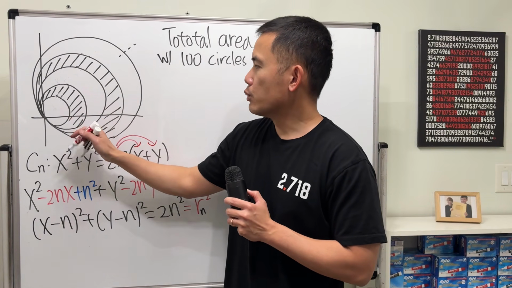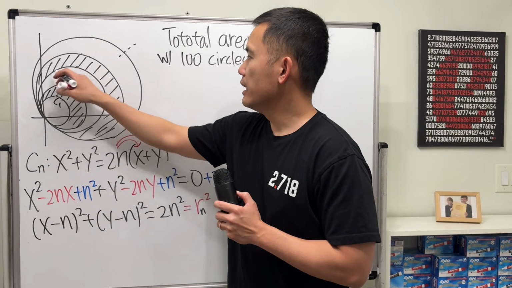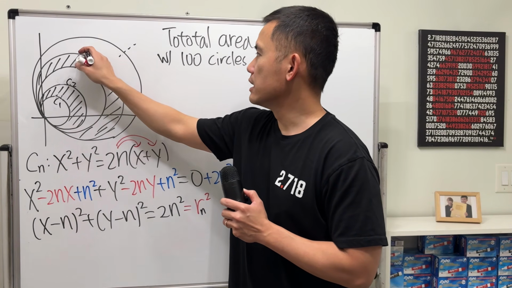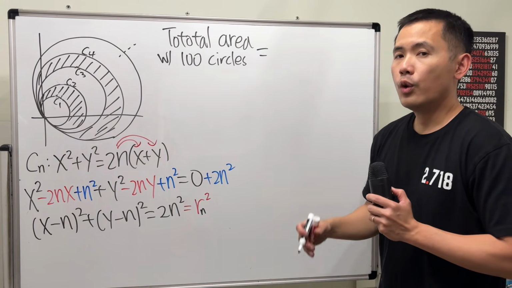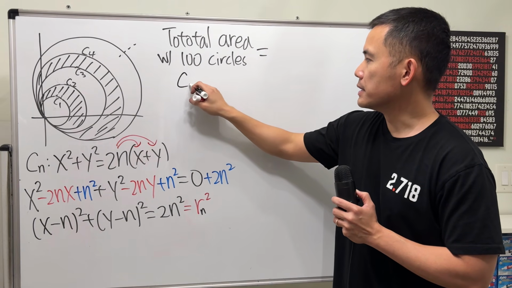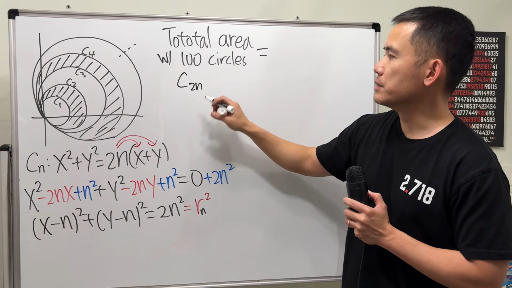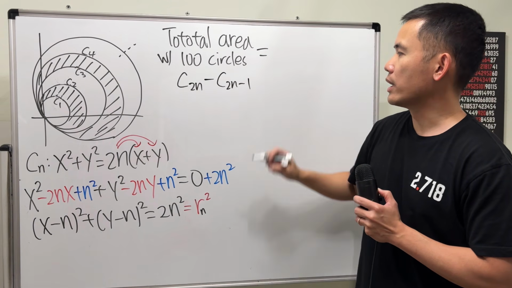The first area that we will get is the difference between C2 and C1. And then the second area that we will get is the difference between C4 and C3. So in general, we have to find the area between C, when the subscript is, let's say, 2n, the even terms, and then the previous one, C(2n minus 1).